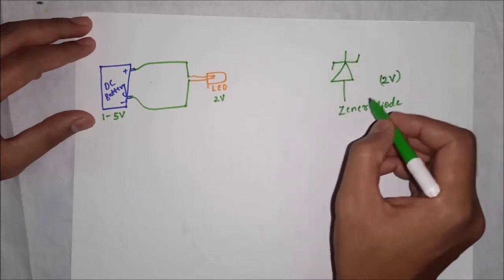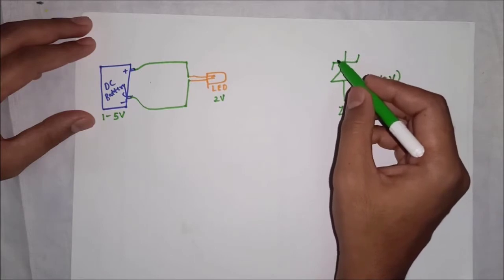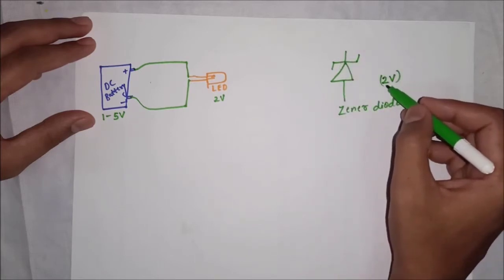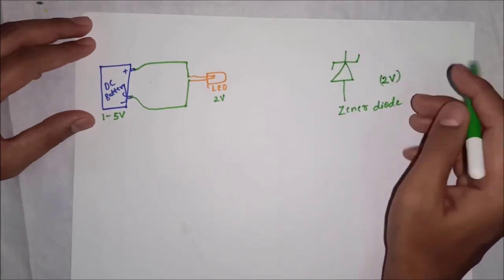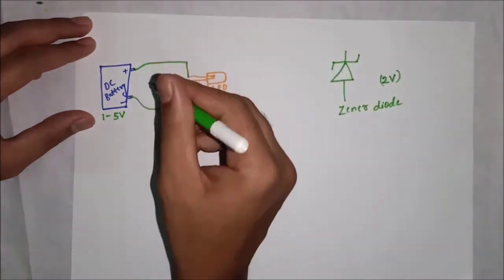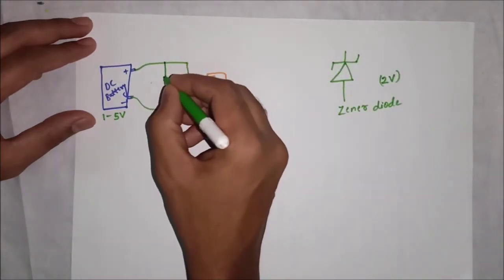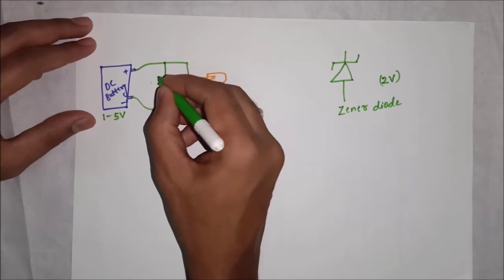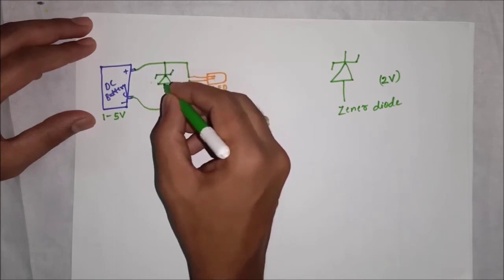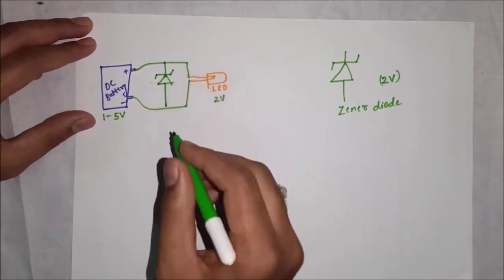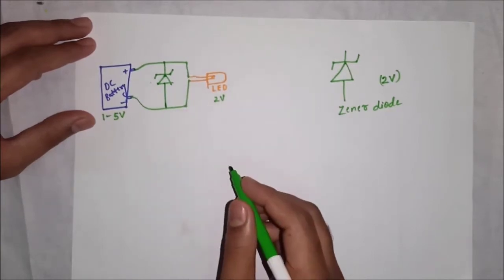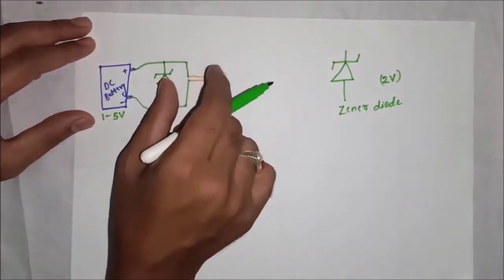When you are using it in a reverse bias condition, its breakdown voltage must be 2 volt, and keep it here. So this is a Zener diode having a sharp breakdown voltage at 2 volt. Just keep it like this and don't change its direction, reverse.